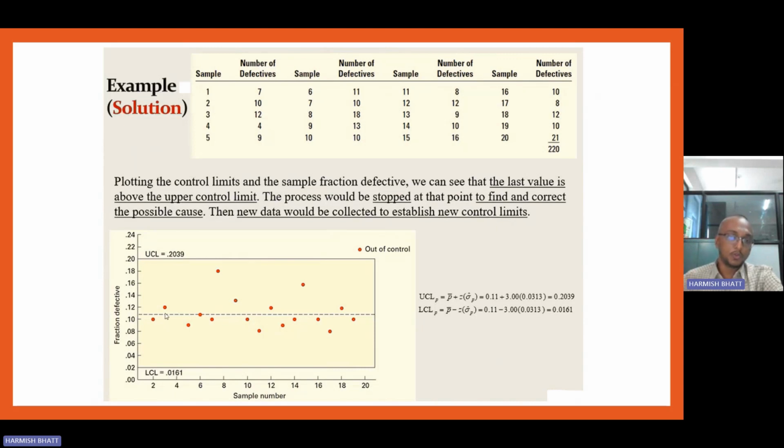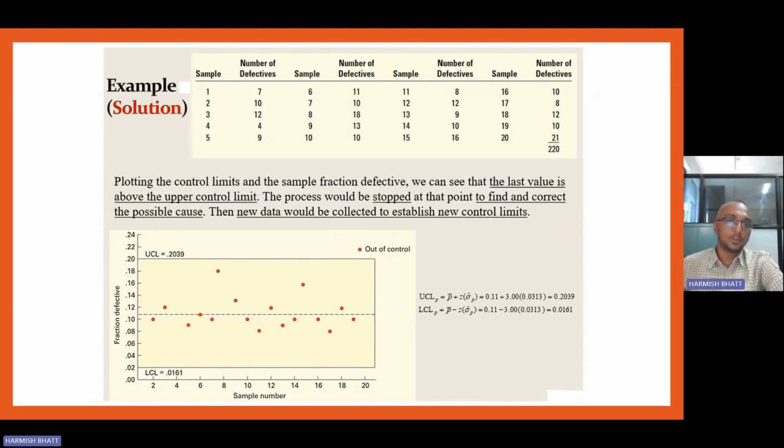Now we are going to plot the number of defectives for each sample. For sample 1, the number of defectives is 7. You will see that 7 is not available on the y-axis. Why? Because 7 is the number of defectives, and the P chart is a proportion chart.